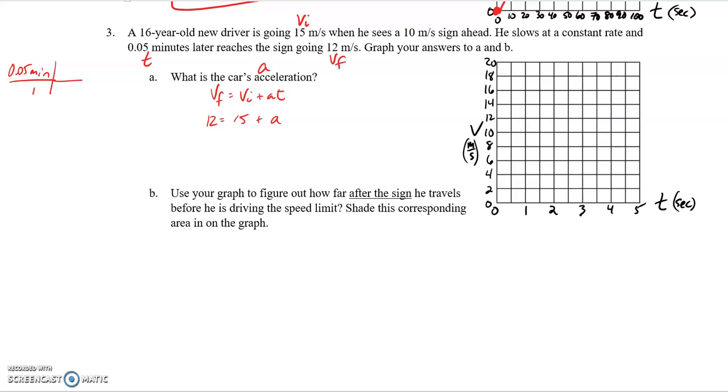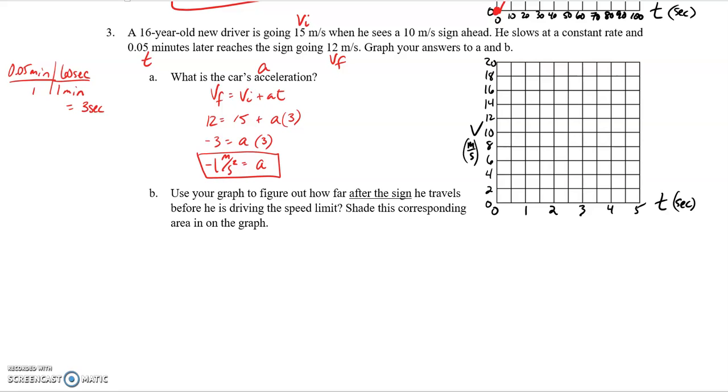If you multiply that by 60, because there are 60 seconds in a minute, this is 3 seconds. So we subtract 15, you get negative 3 equals A times 3. Divide, you get negative 1 meter per second squared. Now, does it make sense that we have a negative acceleration?